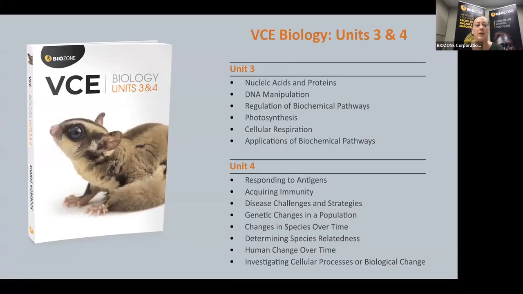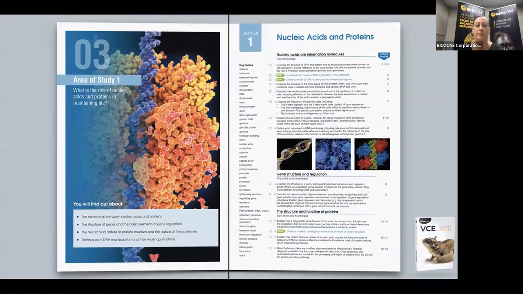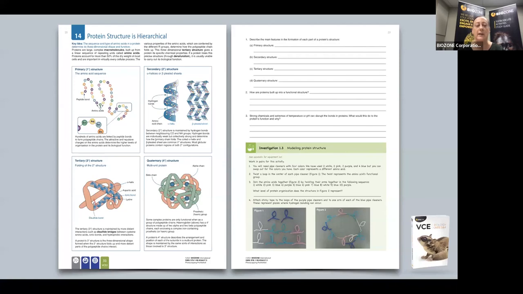Moving now to the second title for Units 3 and 4, the same structure is followed as the VCE study design. Because the same format is used between both titles, it is very easy to navigate between both titles. And again, some examples of pages within the second title.